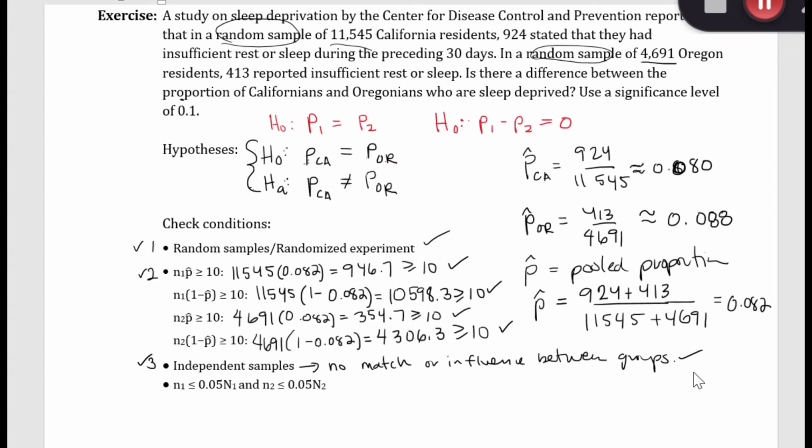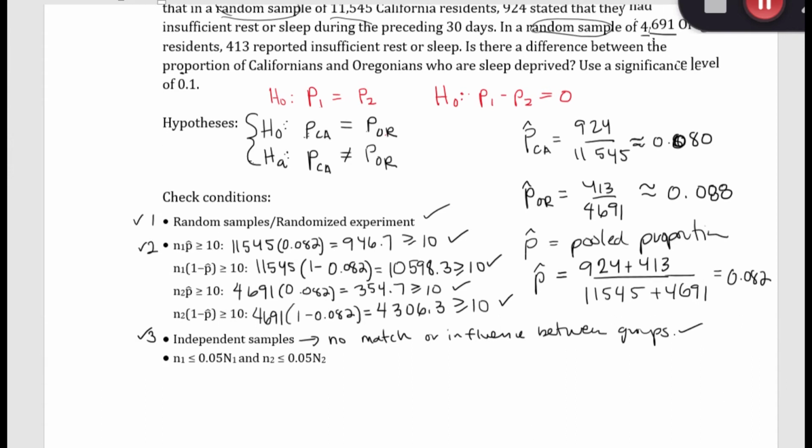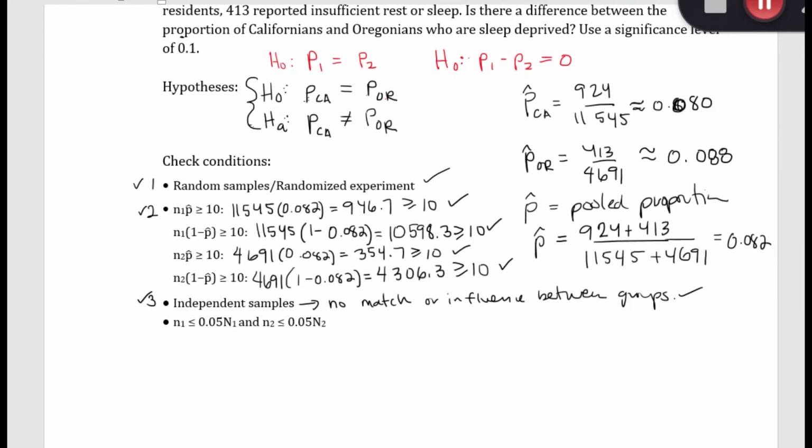Then we have this last criterion, that there's independence within the samples. Again, we have little n1 and capital N1. Remember, little n's are my sample sizes, and my big N's are my population sizes.